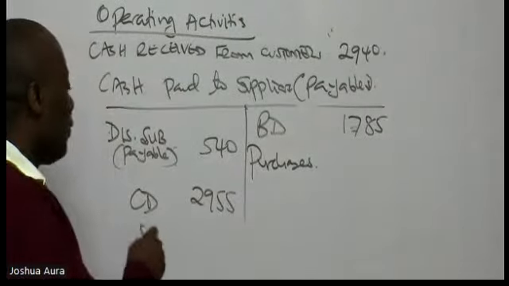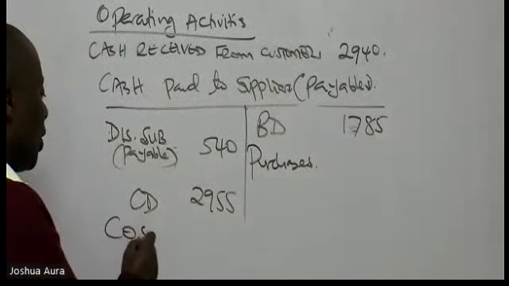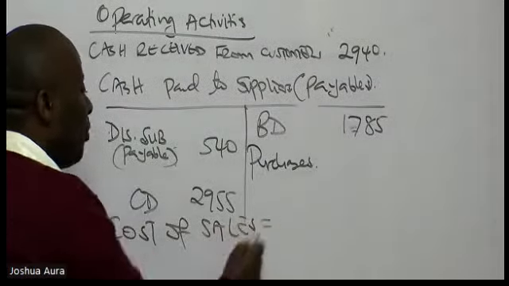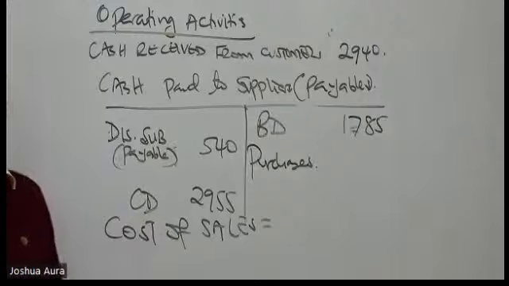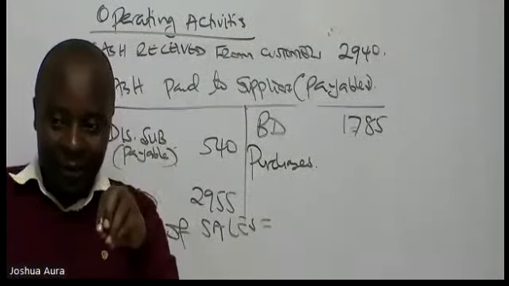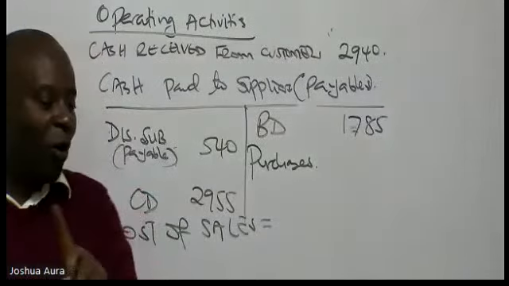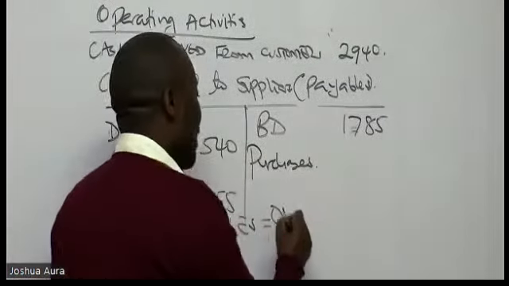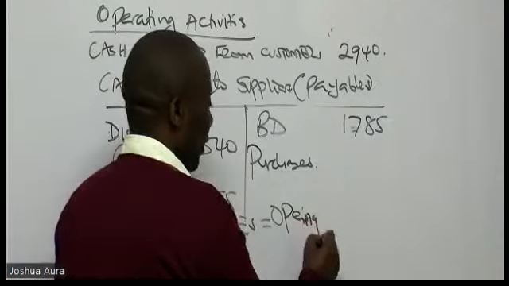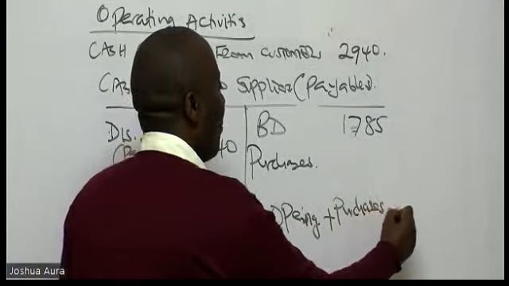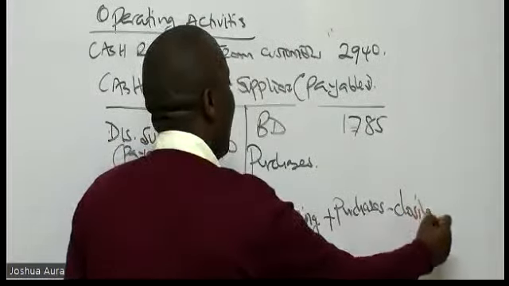When they want us to give them cost of sales in the income statement, what do we normally do? Opening plus purchases minus closing stock. So we have opening inventory, plus purchases, minus closing inventory.